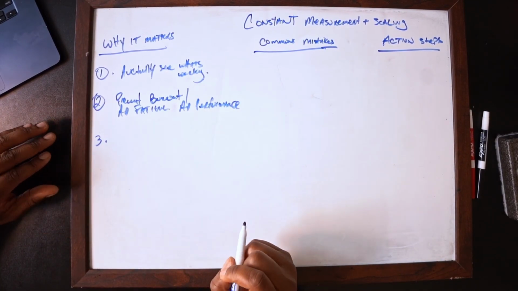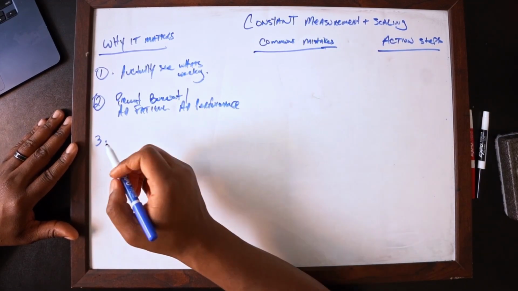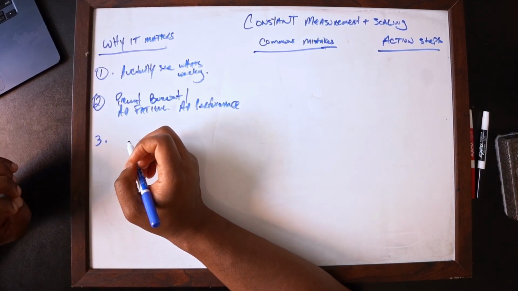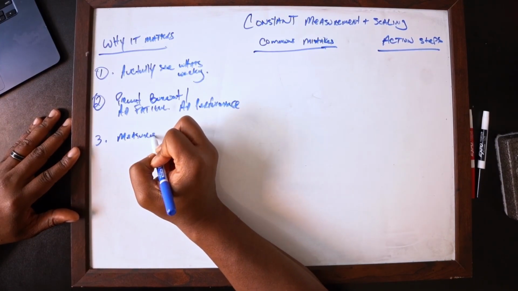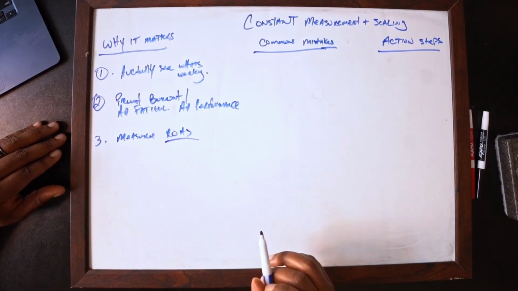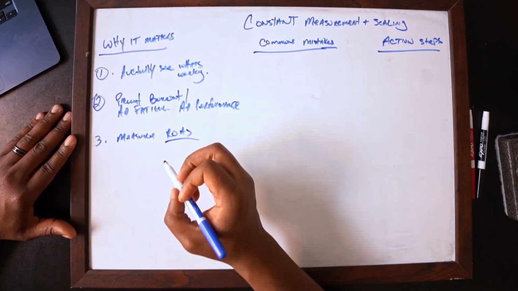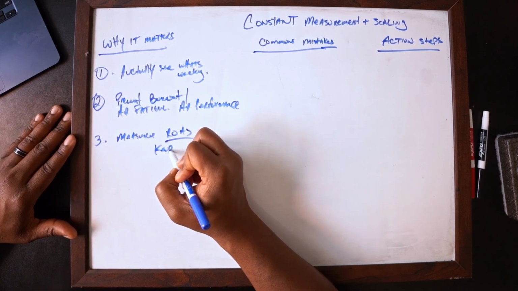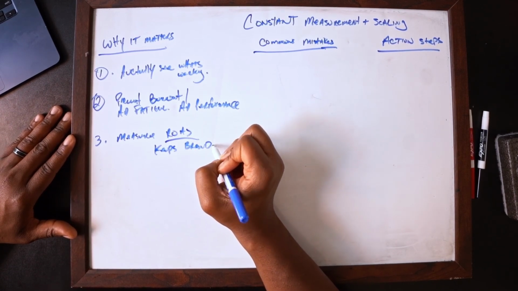Number three: if you manage and measure, you are going to constantly be able to measure your return on ad spend. Measuring your return on your ad spend keeps your brand growing.